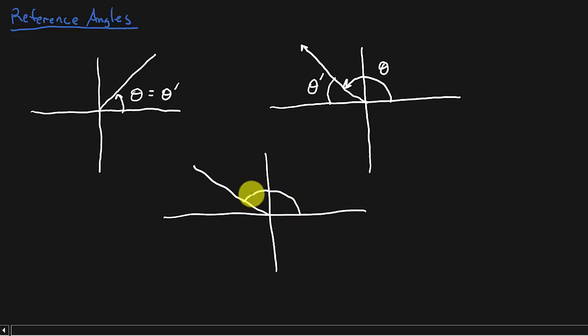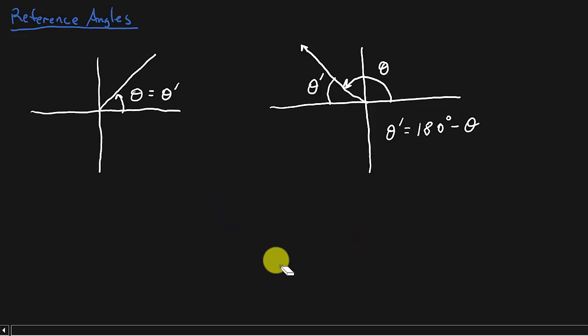So if I rotate to 180 degrees, and from here to here is theta. If I take that off, you see how I'm left with just my reference angle? So to calculate my reference angle, I would do 180 degrees minus theta.